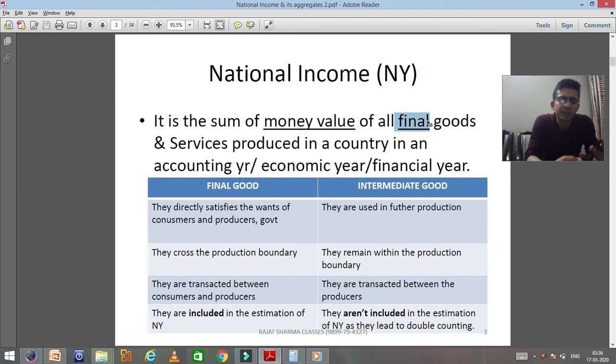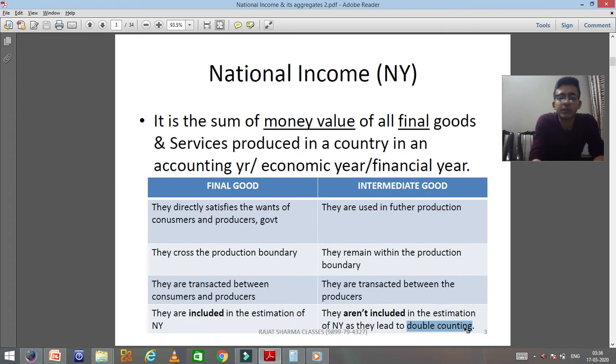So when I'm adding the value of goods, I will take 50,000. I will not take 50,000 plus 10,000 display plus 8,000 speaker plus 5,000 battery. I will not add those things again. If I add those things again, they will lead to double counting. Now double counting is an error. It is the error of taking the same item more than once in this estimation of national income.